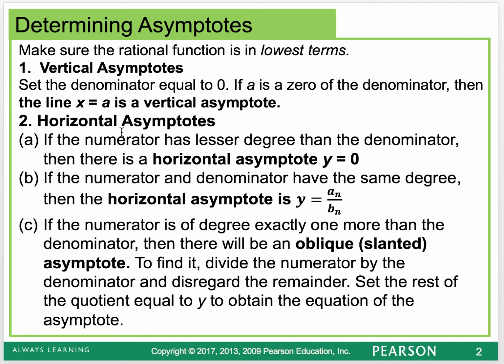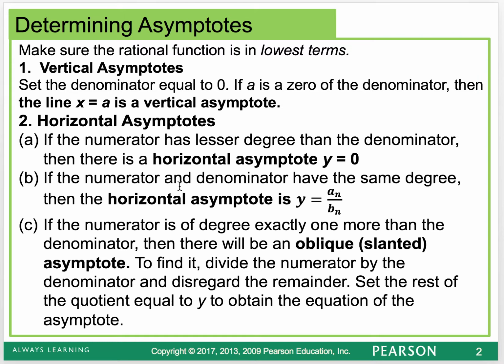To tell if we have a horizontal asymptote, you simply compare the degree of the numerator with the degree of the denominator. Okay? If the numerator is a smaller degree than the denominator, you automatically have a horizontal asymptote at the equation y equals 0. Okay? So right through that x-axis.